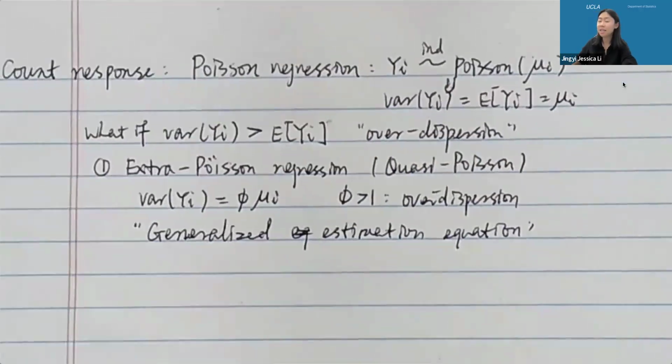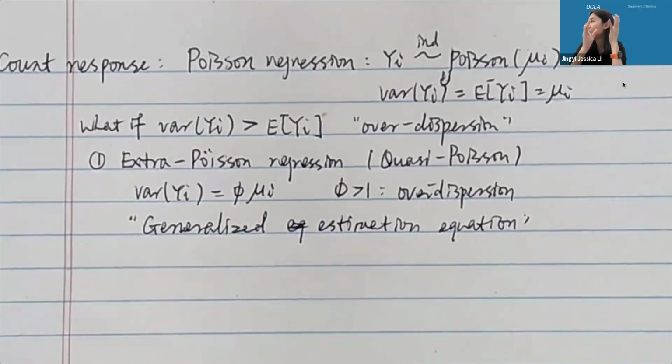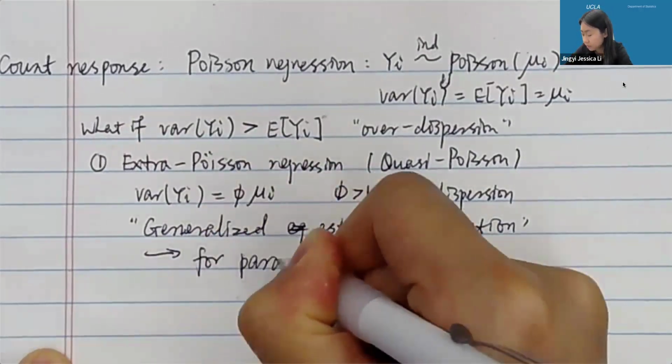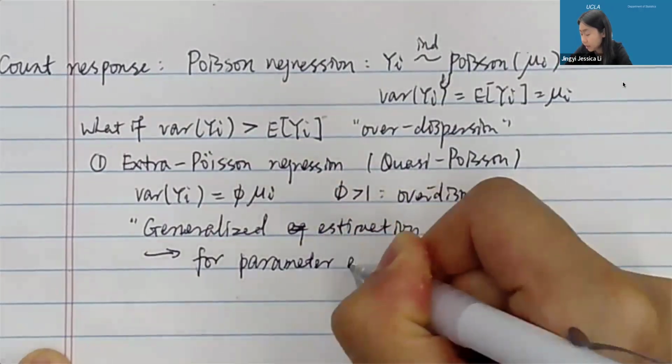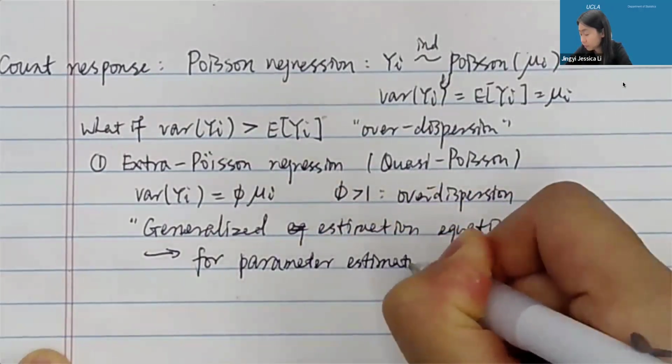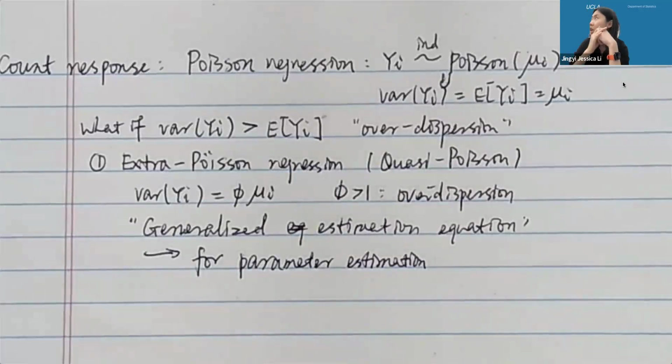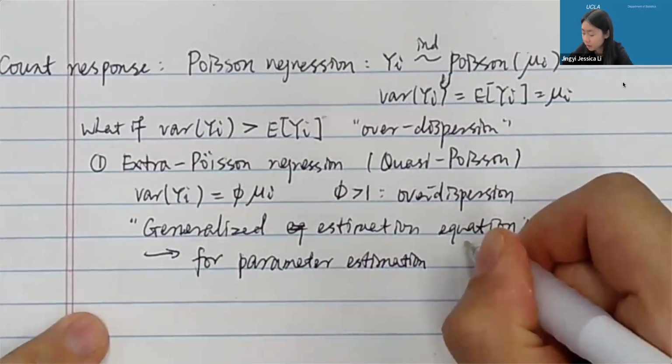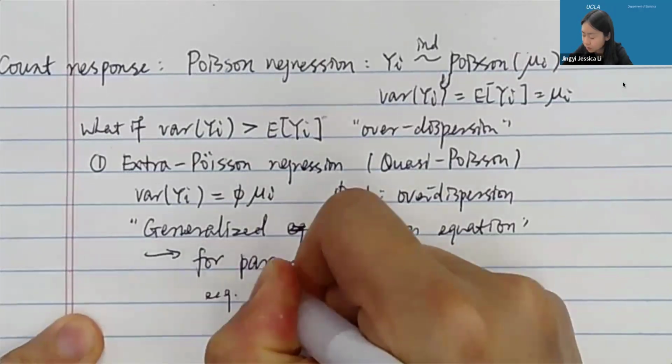So what this does is that it's a general class of optimization methods for parameter estimation, used in biostatistics. These kinds of methods were developed to account for dependencies among observations. So these were commonly used for longitudinal data.